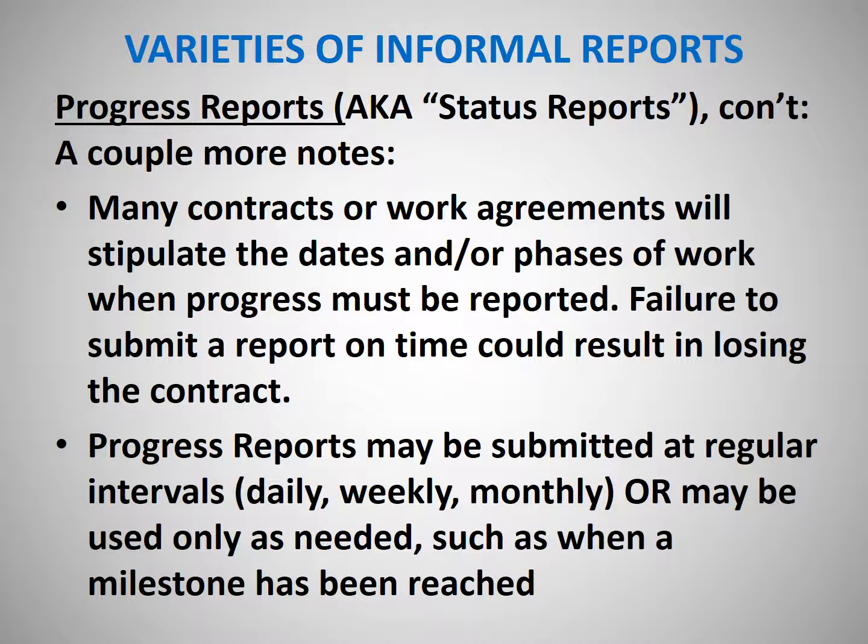If there isn't this regular intervals thing, then a nice way to think about it is, what are our milestones? What are the key pieces of progress along the way till we get to the end product of whatever we're doing? Let's do our reports then. So that may not be monthly. You may have initial research that takes half of the time for the whole project.